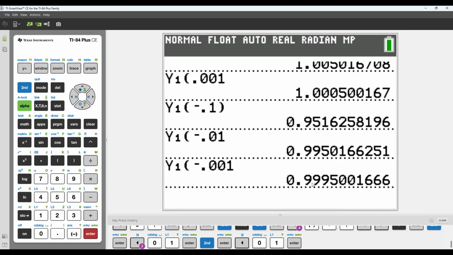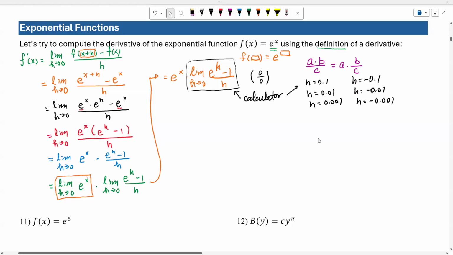And again, you will see that the output, when x is getting closer and closer to 0, is again getting closer and closer to 1. So in this case, it tells me the limit as h approaches 0 of e to the h minus 1 over h is equal to 1.